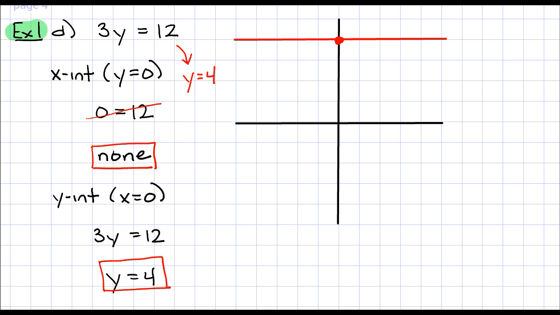So that means solutions to this equation are any point where y is equal to 4. In other words, any point where the y-coordinate is 4. And if I graph all lines like that, I'm going to get a horizontal line at height y equals 4. Okay, so that's it for example 1.